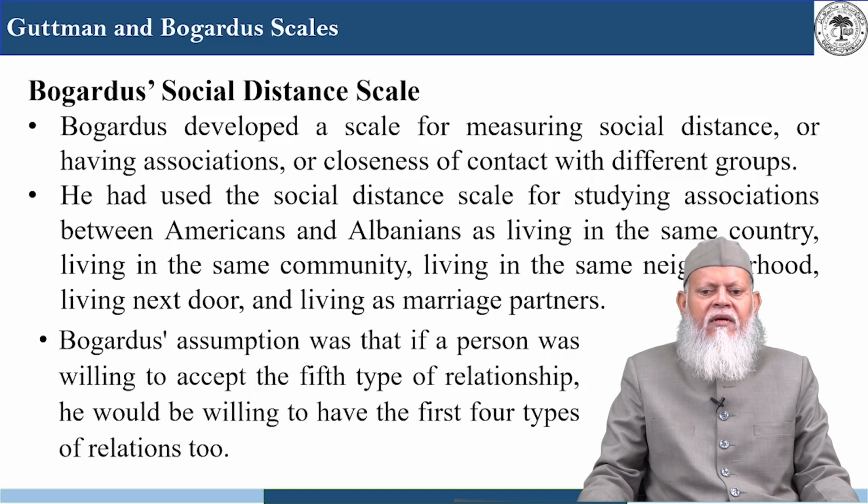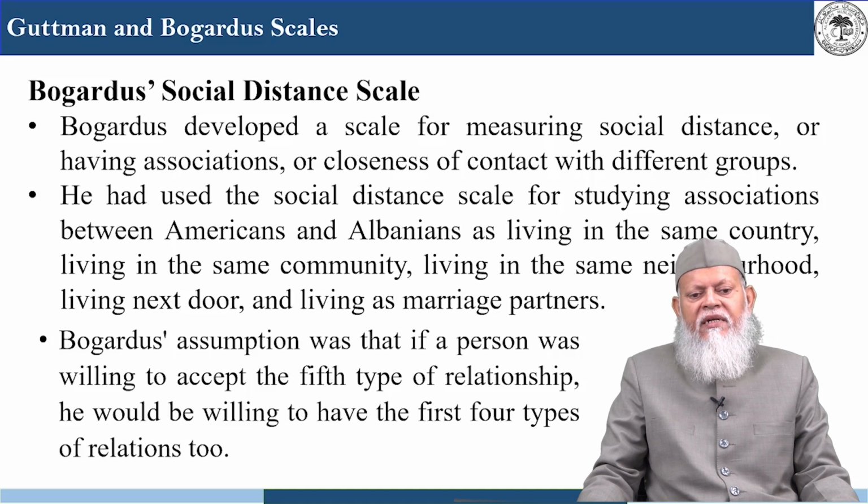And if somebody responds that he is ready to live in the same neighborhood, what does it mean? It means that he or she is not ready to live next door and to live as marriage partners, but he or she is ready to live in the same community and in the same country.